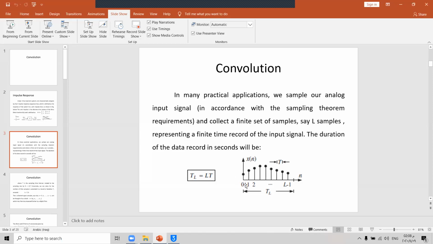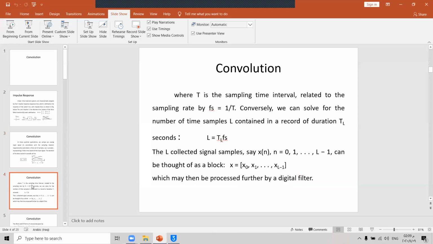Here we have L samples to be collected, starting from 0 and ending with L minus 1. T_L will be L times T_S. So the time represents the number of samples to be collected multiplied by T_S, the time for one sample. This is the way by which we can calculate the time required to collect L samples.